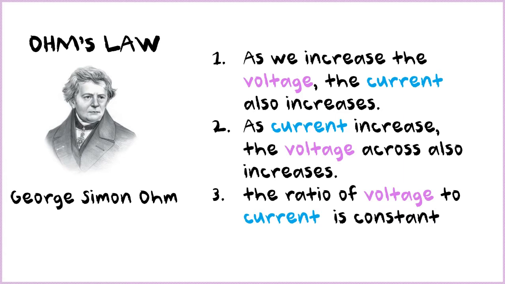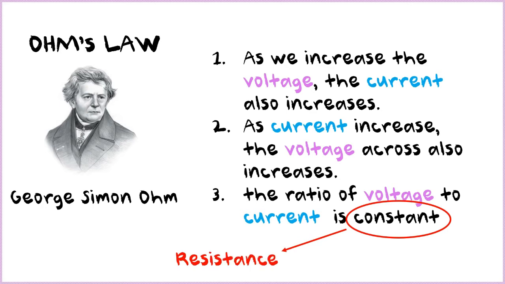This is also based on our simulation. So the constant is what we term as resistance. And our unit for resistance is ohm, and the symbol would be omega.